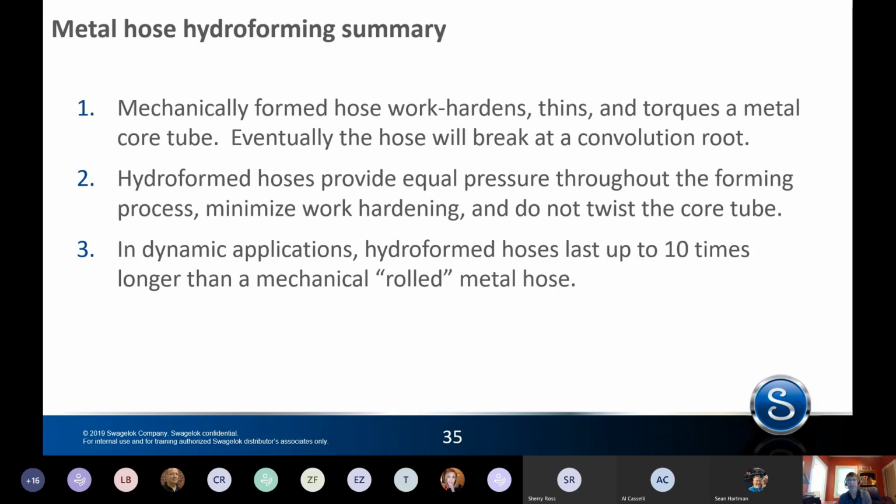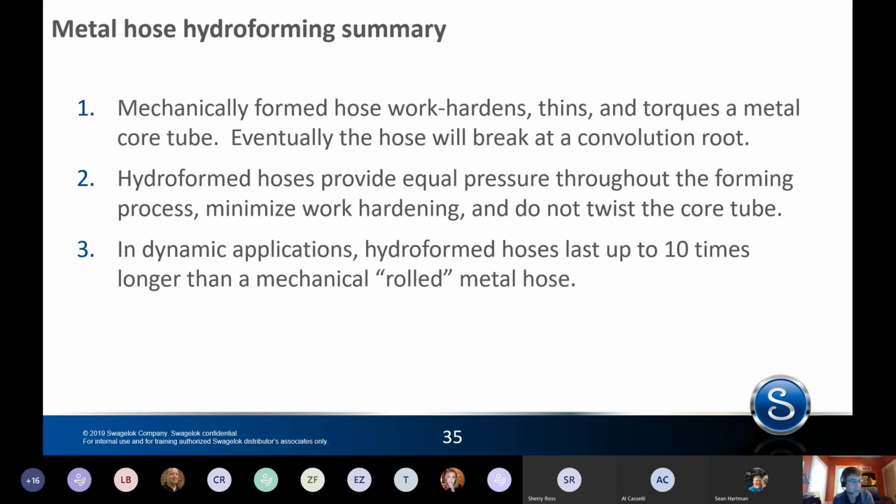So again, there is no one right answer, because hydroformed hoses come at a price, but they will last far longer. And similar to understanding the needs of permeation with a PTFE hose, it's always critical to understand the dynamic motion needs of a metal core hose.